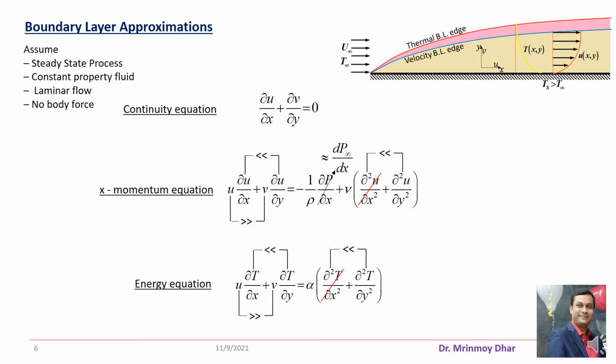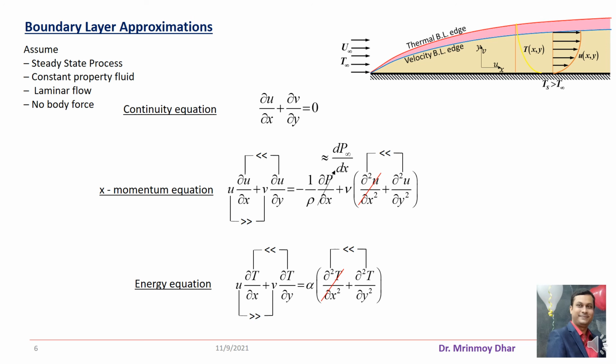So the corresponding second derivative del 2T del y2 will also be much higher than del 2T del x2. So the del 2T del x2 term will be cancelled out. This term is much less than del 2T del y2.